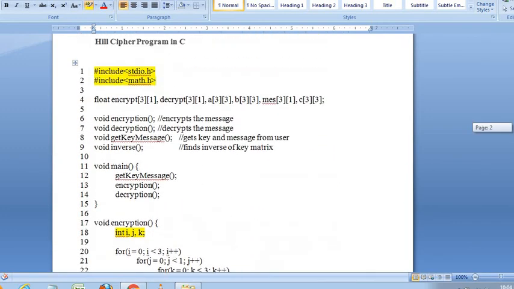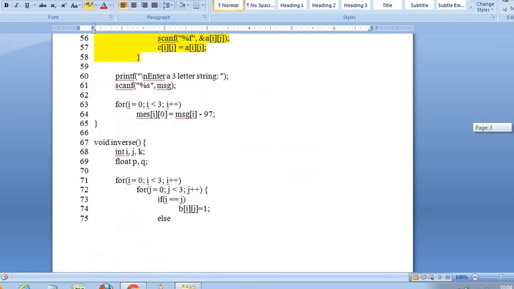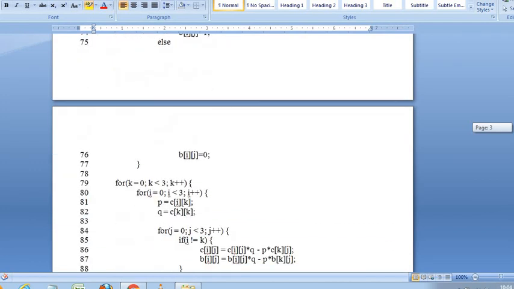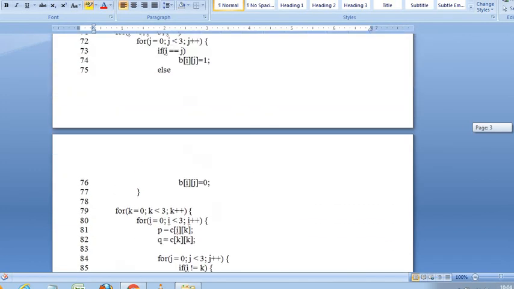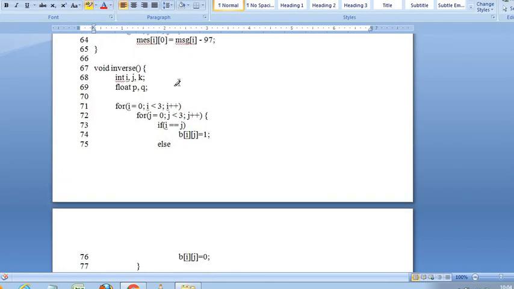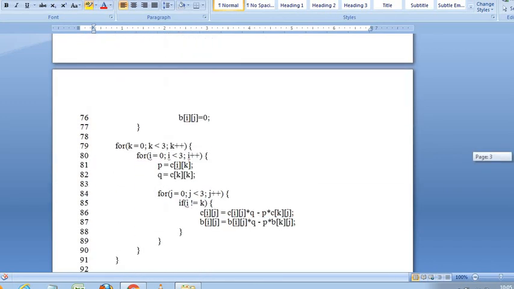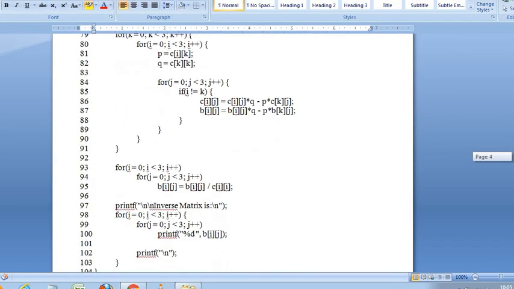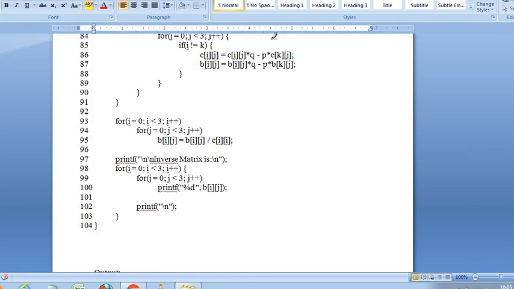The control goes to here. So the inverse function is nothing but the inverse matrix. The overall key matrix will be inverted here. You may be well aware of the inverse function. Here this whole part consists of finding the inverse matrix.